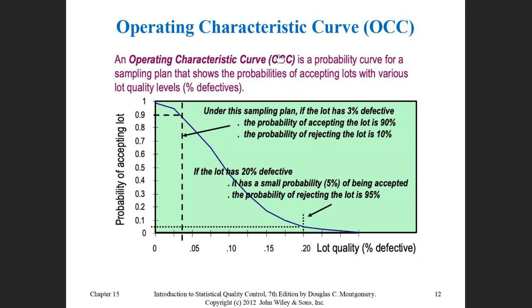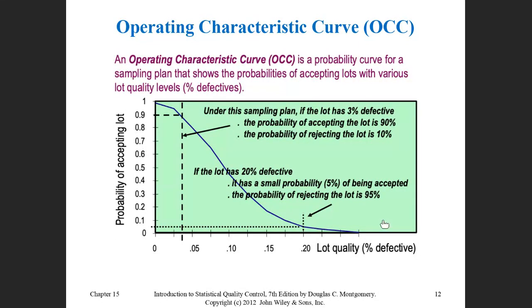The operating curve shows the relation between the number or the percentage of defective in the lot and the probability of acceptance.